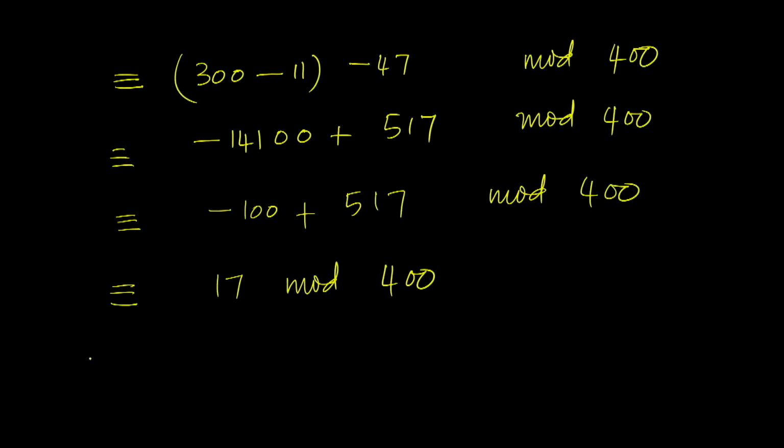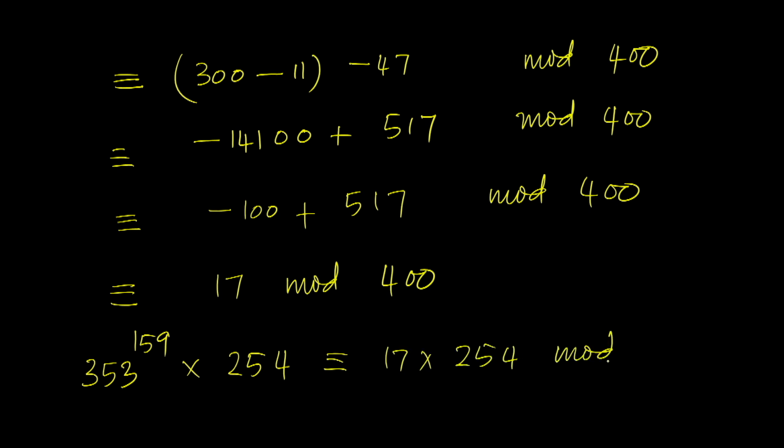So this, 353 power 159 into 254 is 17 into 254 mod 400, which you can verify is 318 mod 400.